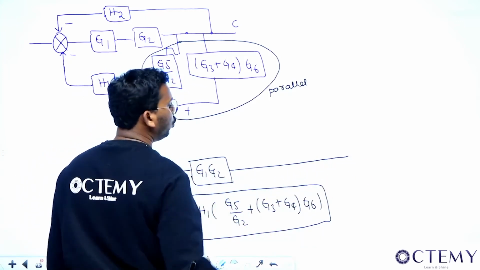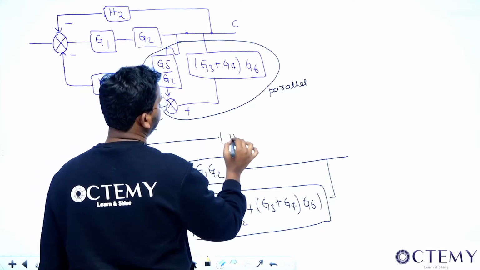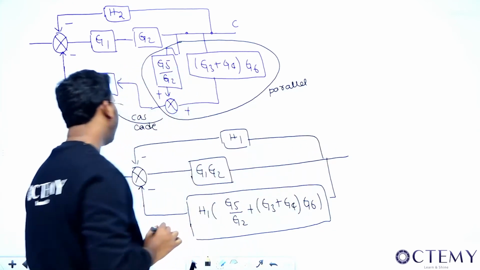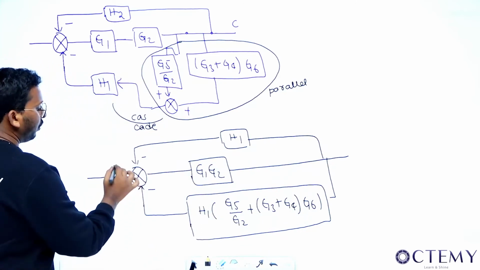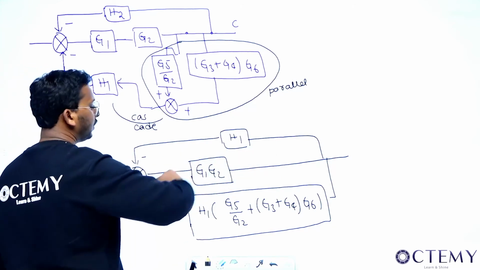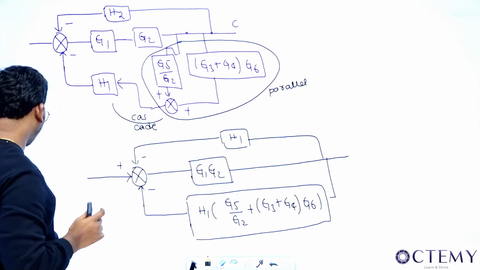Similarly, there are two loops here. This is one loop and this is another loop, H1. Now it is your wish, whichever loop you want to solve. But ultimately there will be two loops forming. This is also a feedback loop. This is also a feedback loop. Now how do you do that, sir? You can split this summer. So see, sir, how will I do it?